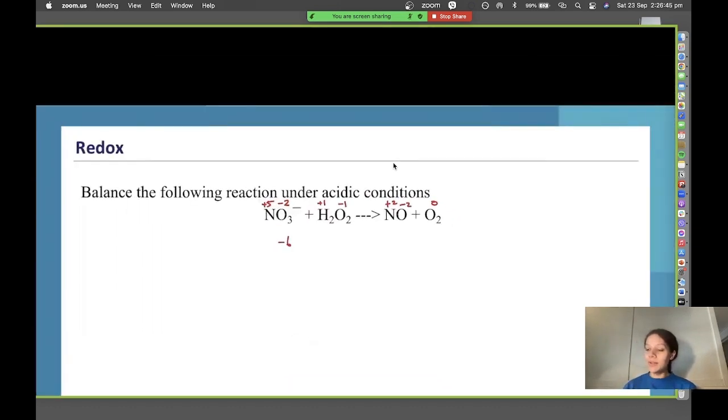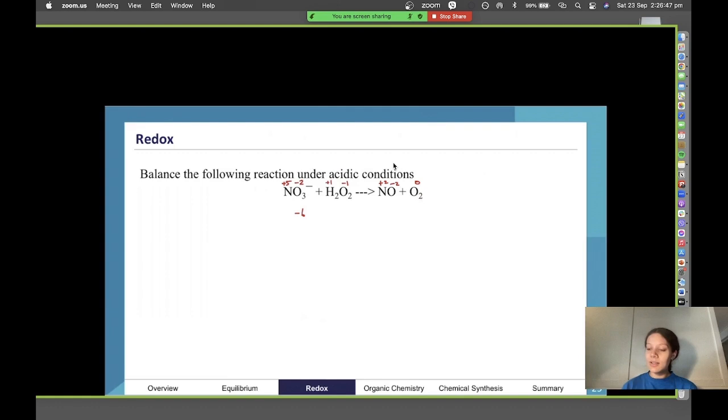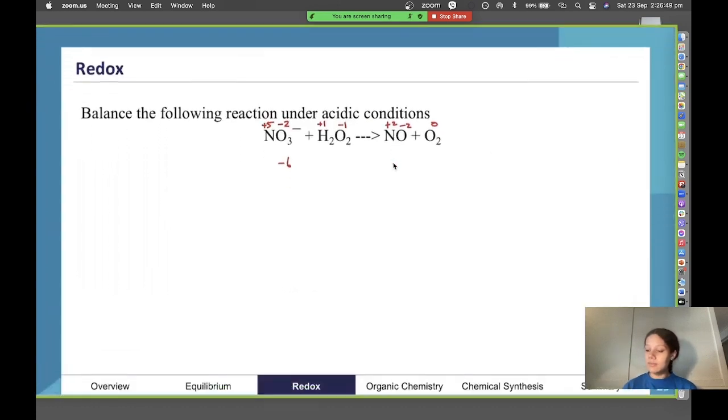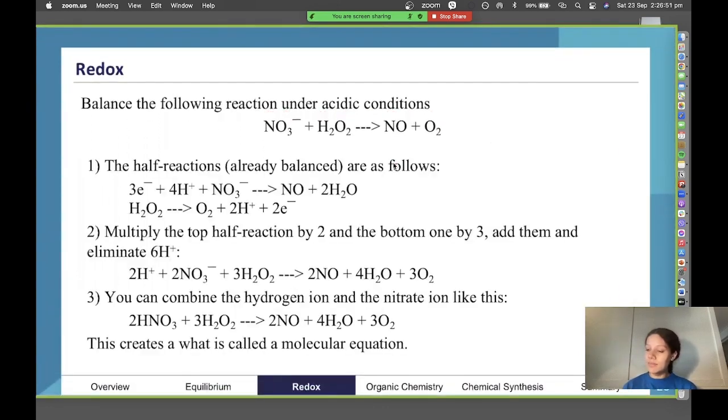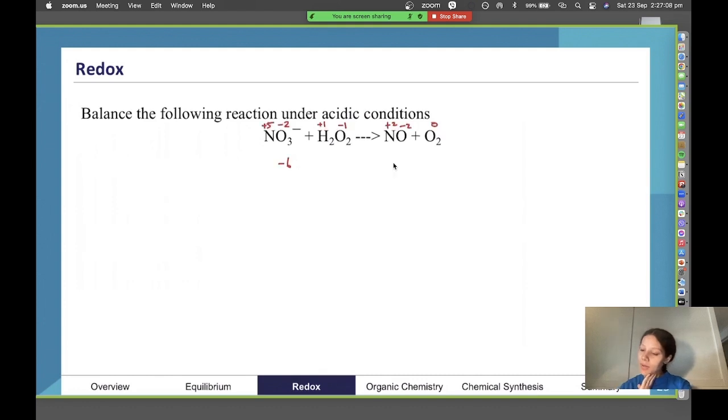But yes, we'll have a look now at the half reactions and how they balance out. So the half reactions, when they've already been balanced, are below. So we have the NO3 minus reducing into the NO. Like we saw before, it went from +5 to +2 for the nitrogen.